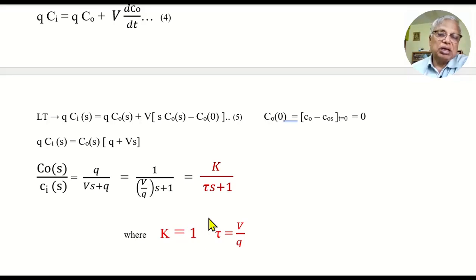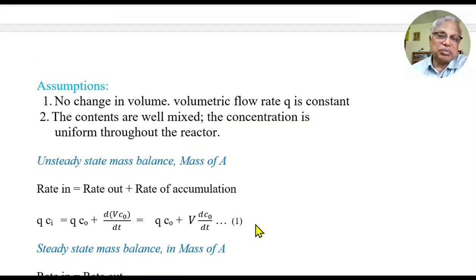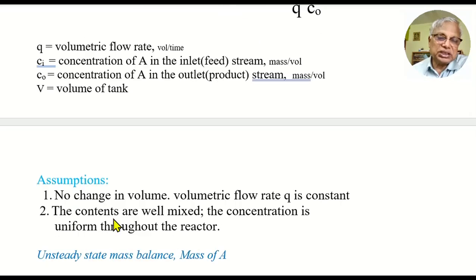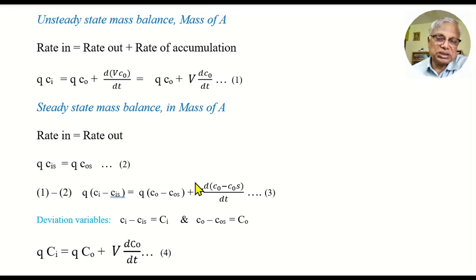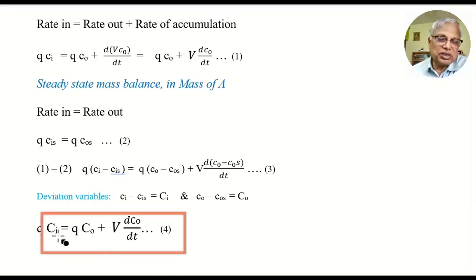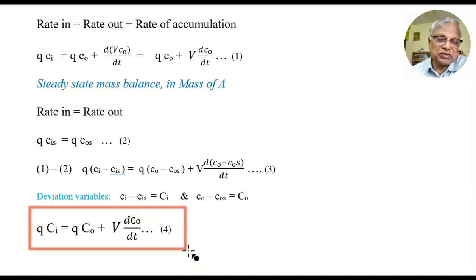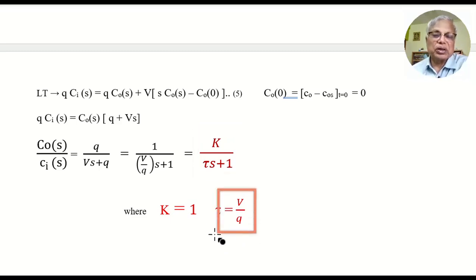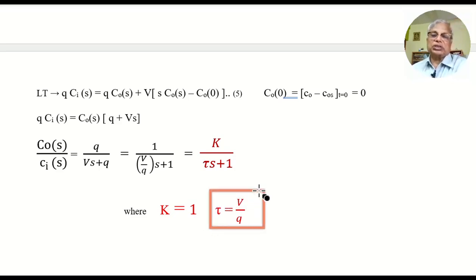So thus we find for a mixing process happening in a stirred tank, with these assumptions, the process can be described by a first order ordinary linear differential equation, and the transfer function is also first order with a gain K equal to 1 and the time constant tau equal to V by Q. Time constant equal to volume of the tank by volumetric flow rate.